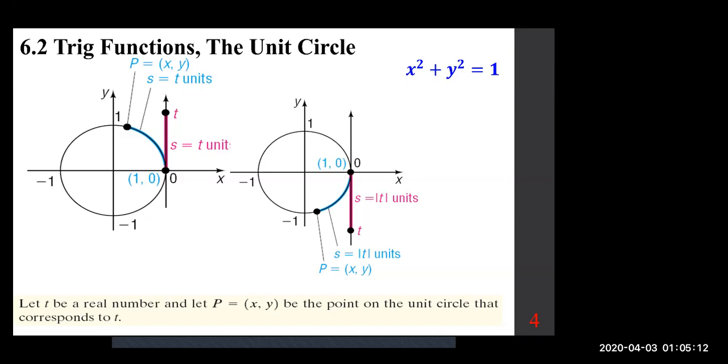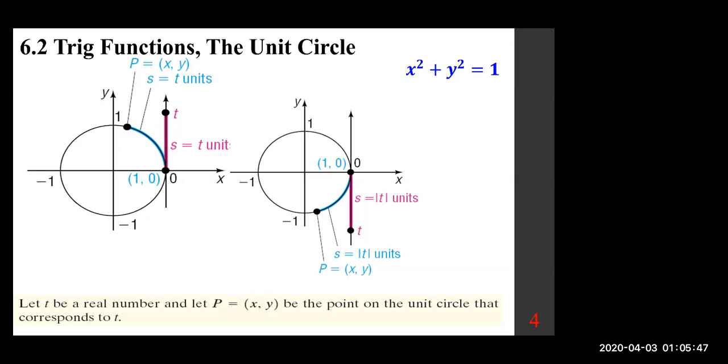And so as we look at this case, S or T is really the arc along the circle, in this case the circle of radius 1, or the unit circle centered at 0, 0. So we define T to be a real number, and we let any point on the circle be represented with the coordinates x and y.